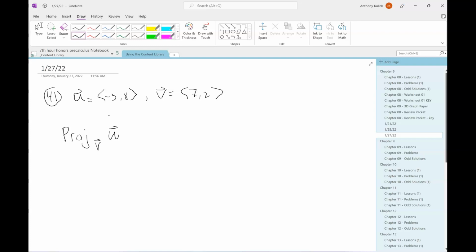And we're asked to calculate the projection of u onto v.